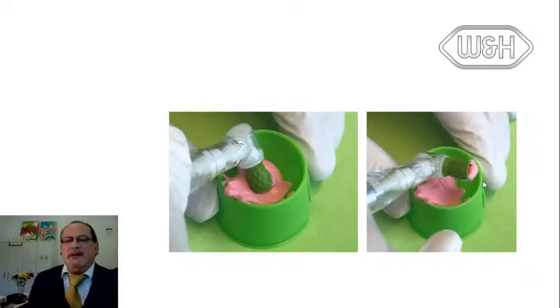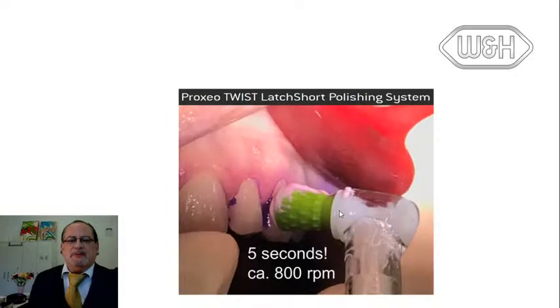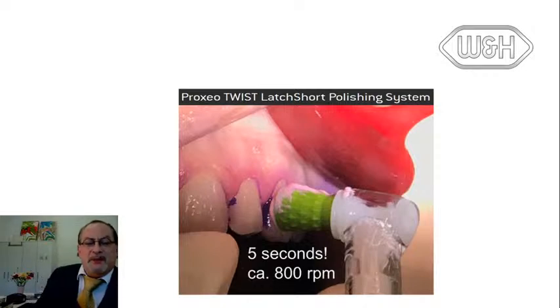The lamella inside the rubber cup retain the prophylaxis paste so that when we are polishing the tooth surface for 5 seconds with a maximum speed of 800 rounds per minute, because we do not want to cook the pulp, we can sufficiently remove the biofilm from the tooth surface in 5 seconds.